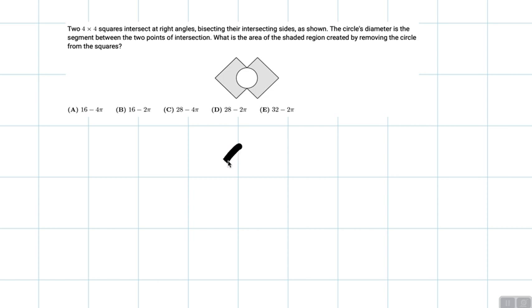So first I want to consider just the area of the overlapping squares.